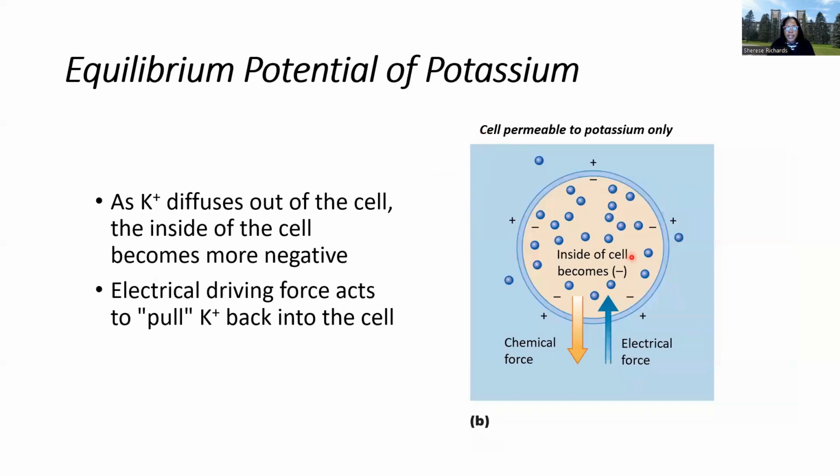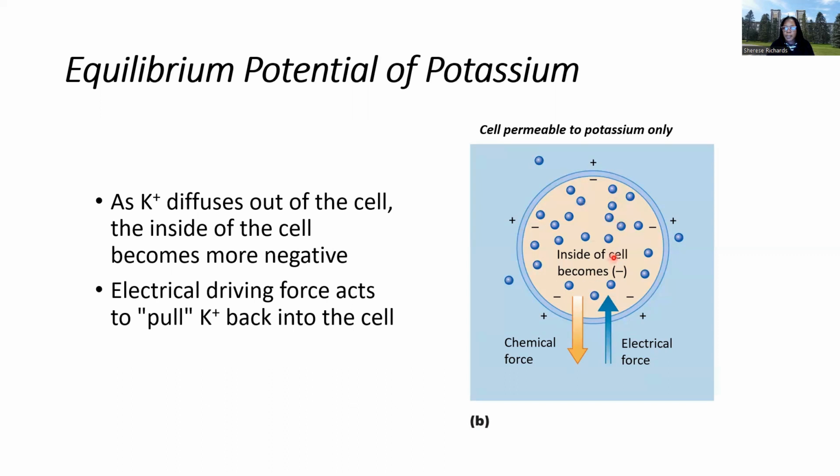Now, as potassium diffuses outside of the cell according to that concentration gradient, or chemical driving force, we can begin to consider the electrical driving force and where that would want to move potassium. Because on the inside of the cell, there is now more of a negative charge.